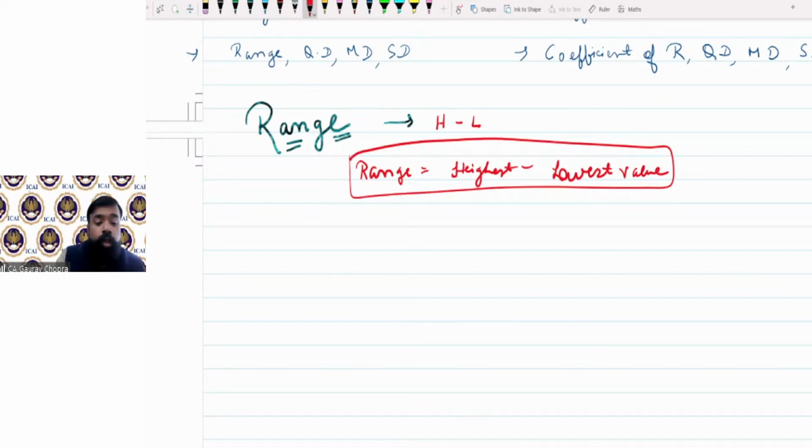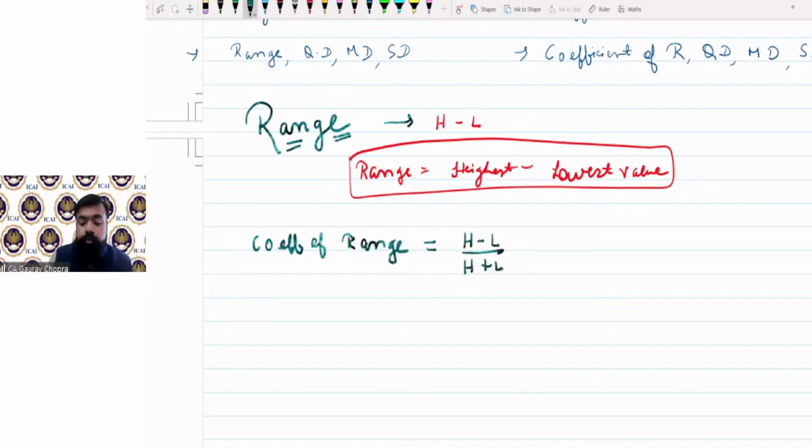Then comes coefficient of range. Now we can calculate range in terms of ratio or in terms of percentage. The formula will be H minus L upon H plus L. Alternatively, we can write H minus L upon H plus L multiplied by 100.